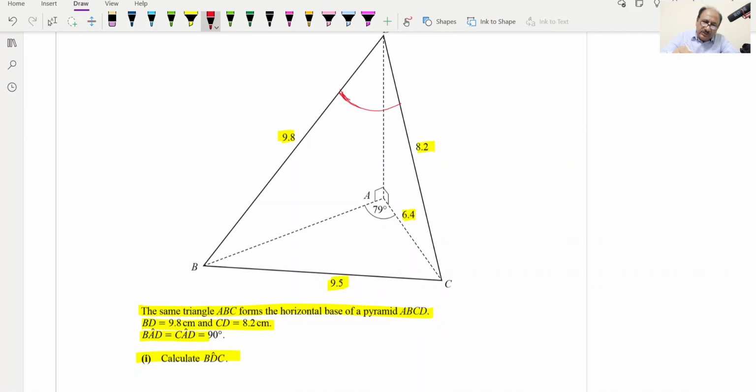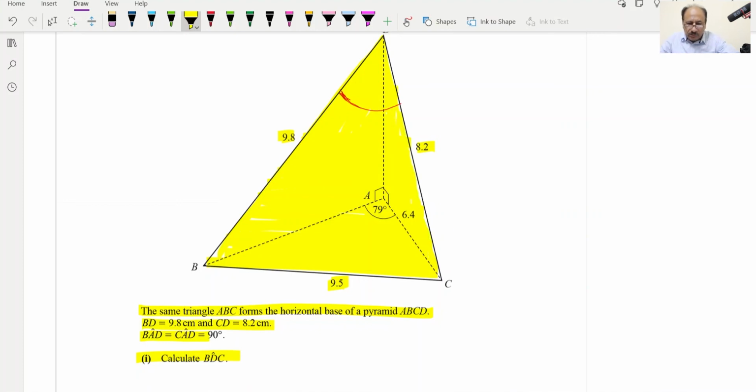So we will consider this whole triangle and find the required angle. Now we can apply the cosine rule for that.